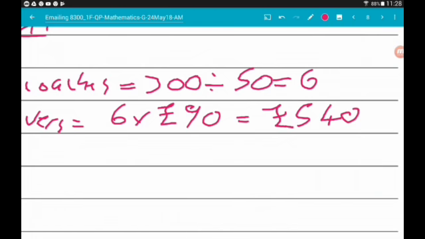If we now find the total fuel cost, well, that's going to be 6 times 140.